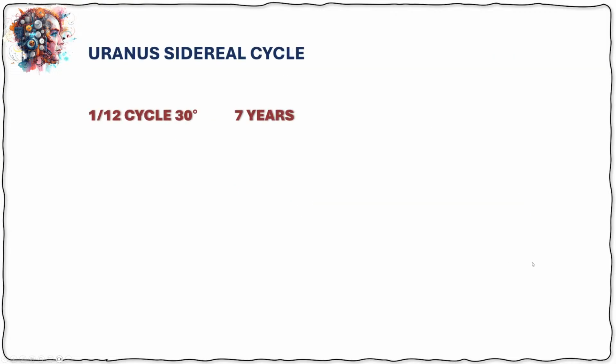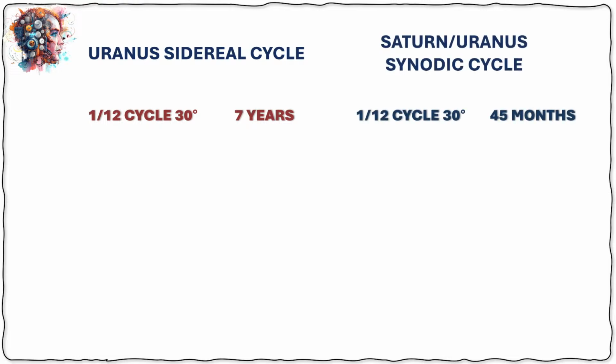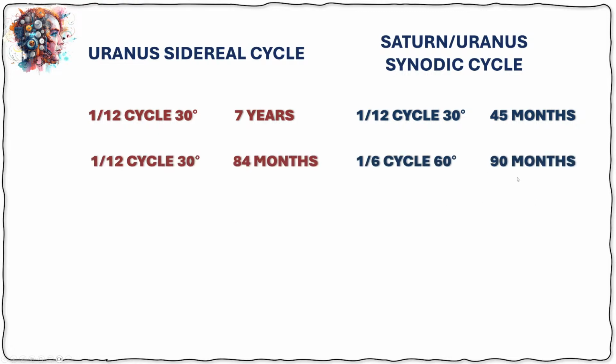Now we have seen that 1/12 of the Uranus sidereal cycle, which is 30 degrees, is 7 years. 84 divided by 12 is 7. Now the Saturn-Uranus synodic cycle, 1/12 cycle or 30 degrees is 45 months, or this could be 84 months and this is 90 months.